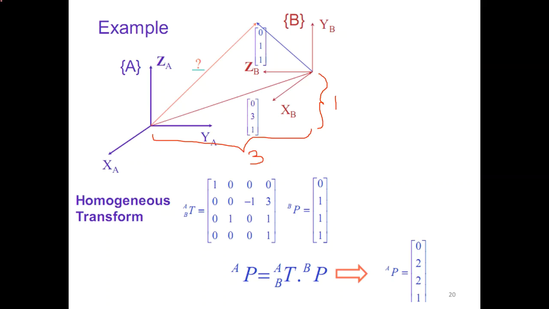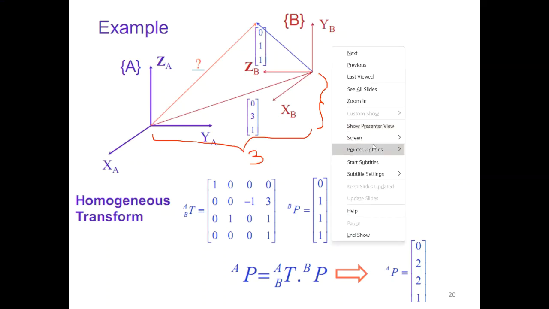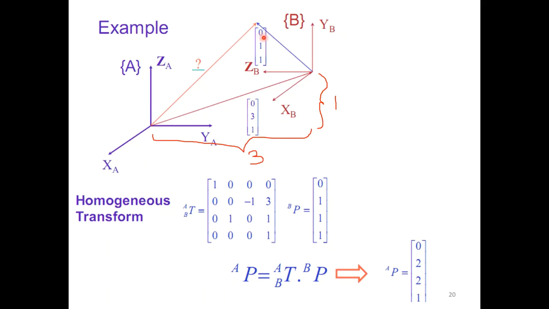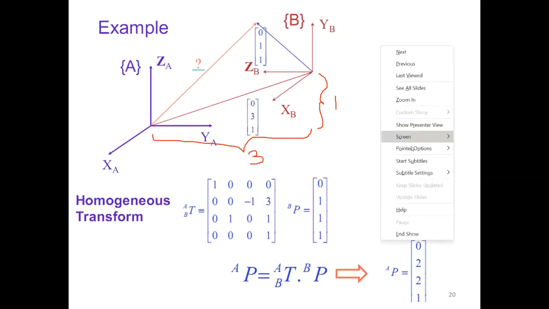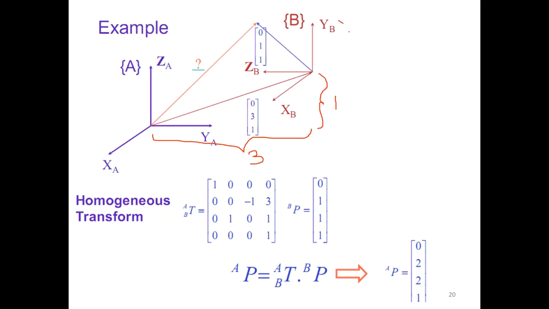And this point is 0, 1, 1, which means this is with respect to B. So the y coordinate here is the vertical coordinate. It is 1. Therefore, this distance is also 1.